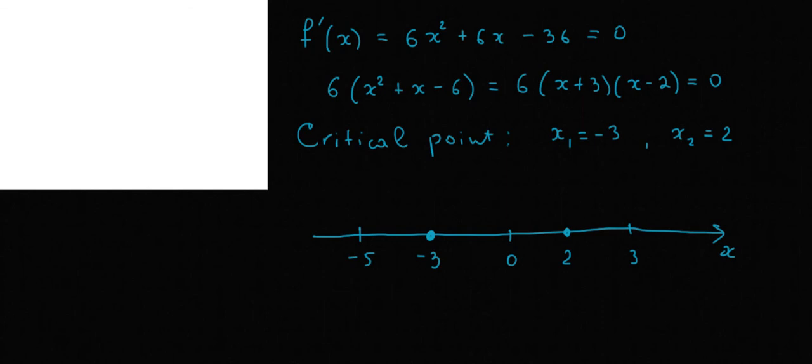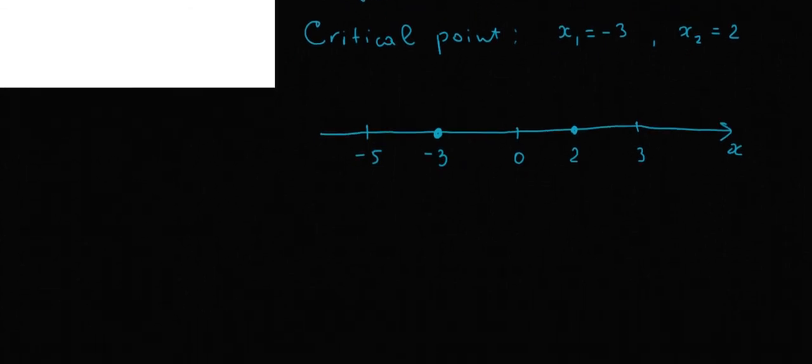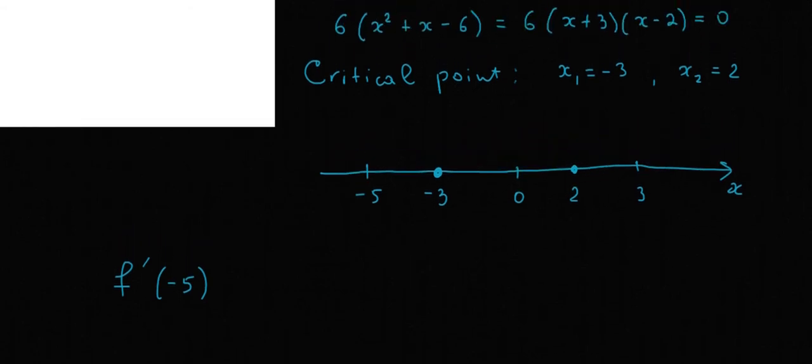Now, what we do next is we look at the value of the derivative at these test points. We don't really need to know what the value of the derivative is at these points. We just need to know if the value is positive or negative.